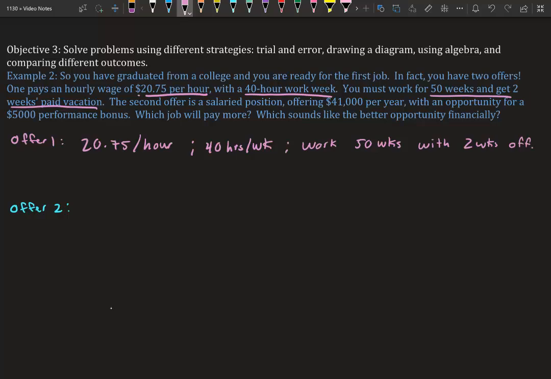Alright, so that was the first bit of information. Our second job offer, you have a salary of $41,000 a year. And then it says you have a potential to earn a $5,000 bonus.